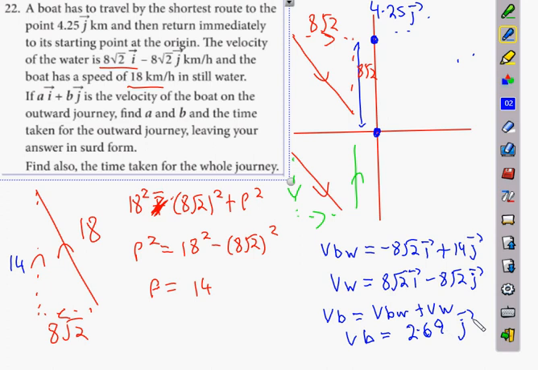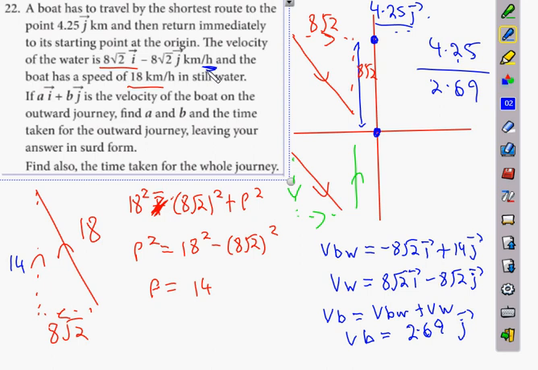And we're trying to cover 4.25. So it's going to be 4.25 divided by 2.69. And how long does that take? Remember, our answer is in hours. So what do we get? 1.58 hours.